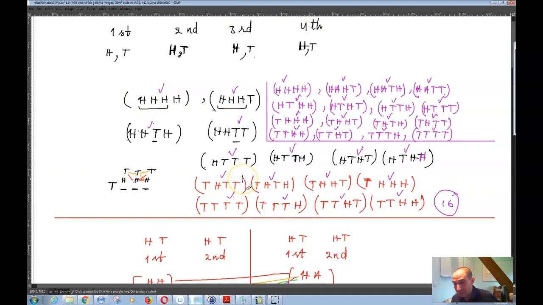So that's basically number 3, which is a coin is tossed 4 times, so that's 1, 2, 3, 4, 5, 6, 7, 8, 9, 10, 11, 12, 13, 14, 15, and 16. That was number 3. Okay.